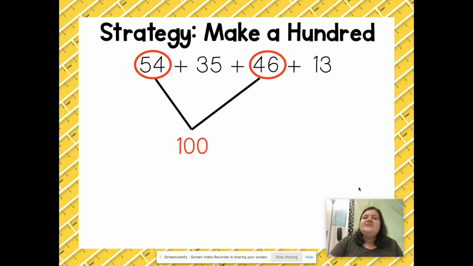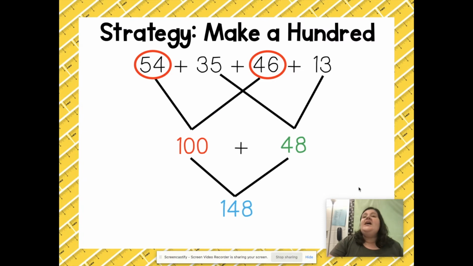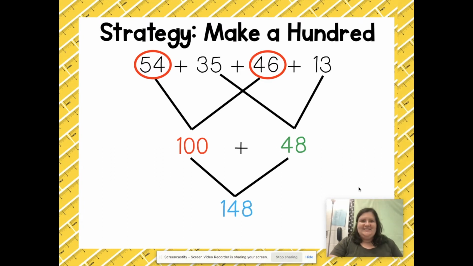So now the other step that I have to do is add 35 and 13 together. That gives me 48. So now all I need to do is add 100 plus 48 together, which is going to be 148. So that means 54 plus 35 plus 46 plus 13 equals 148.